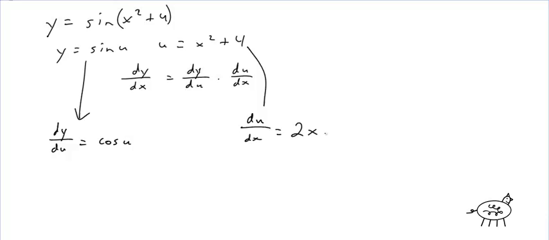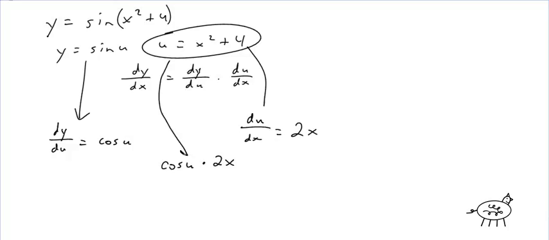Okay? And so what we have is we multiply those together. We have cosine of u times 2x. Then we're going to substitute the value of u into that guy right there.